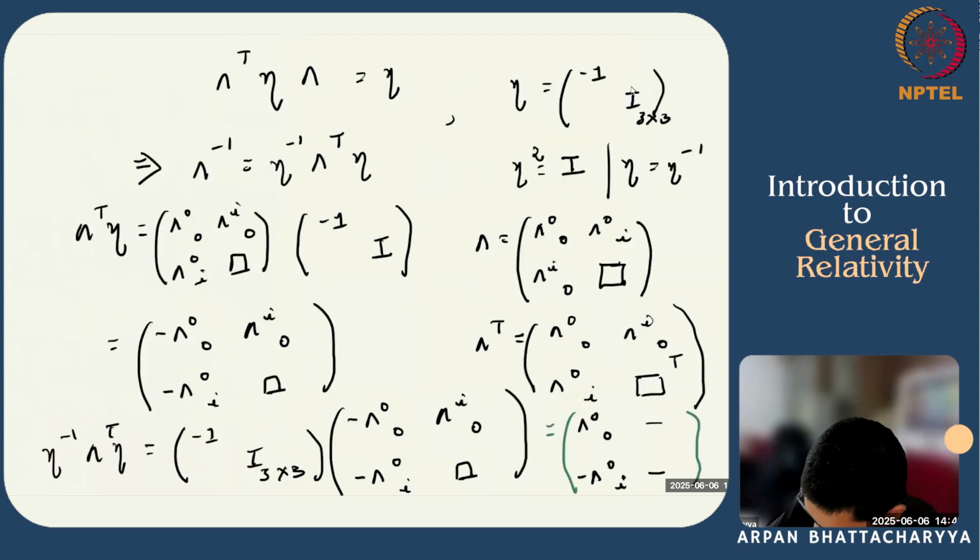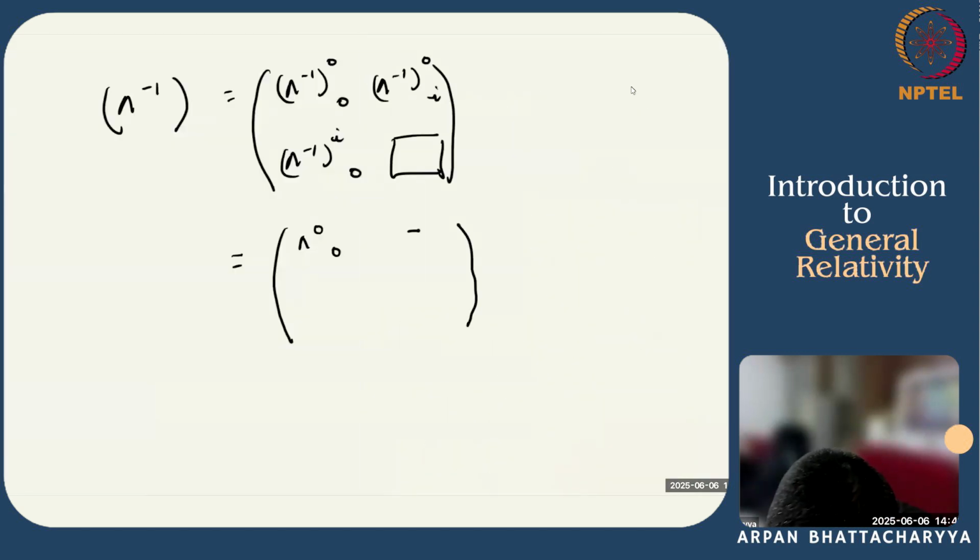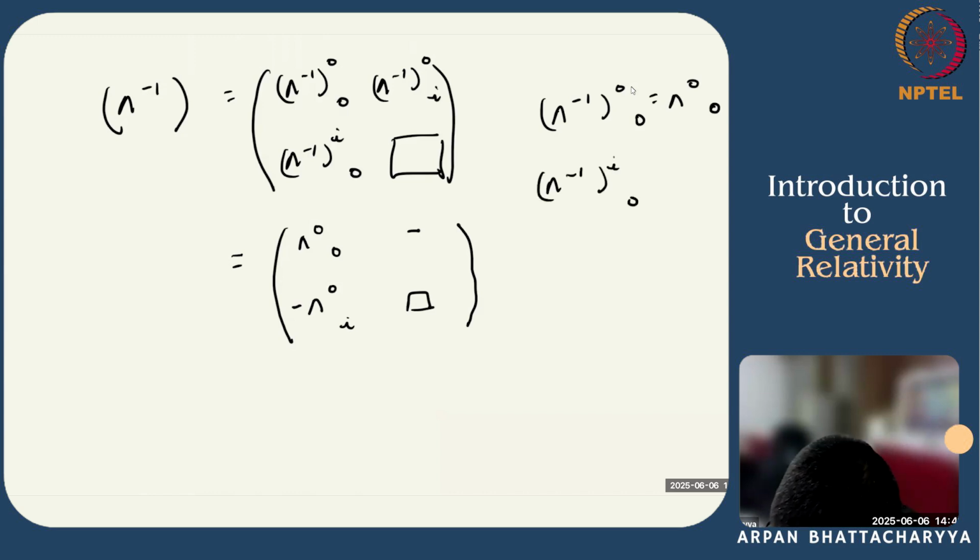Remember, we want to equate with this. So we have something here, minus lambda 0 I and this block. So if you compare these two, then you can see that the 0 0 element of lambda inverse is nothing but lambda 0 0, and this element is minus of lambda 0 I. We will see why we are doing this.